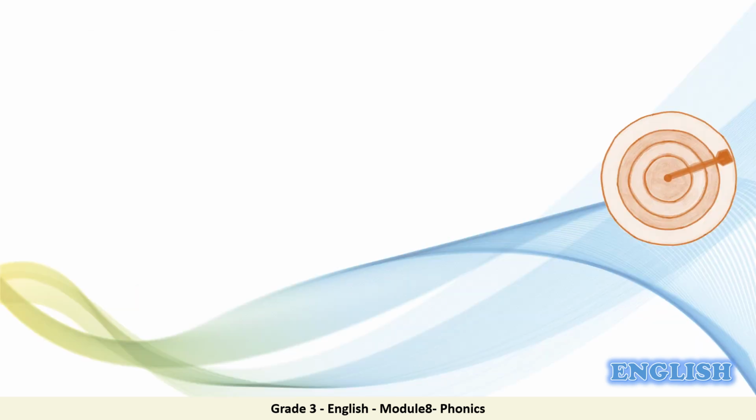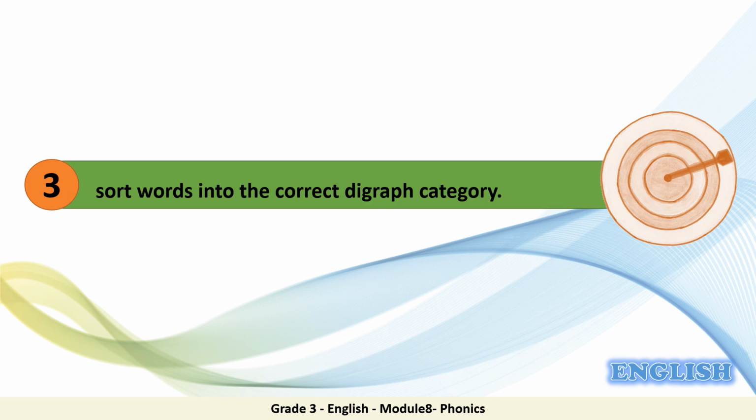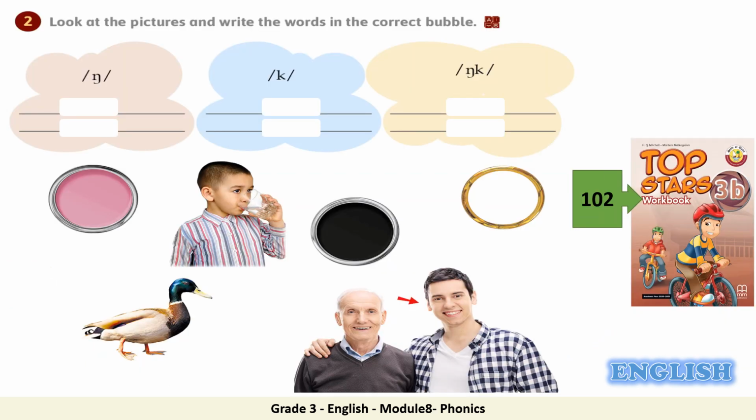Now we can move to the third learning objective. We will sort words into the correct digraph category. So let's go. Keep your workbook open to page 102. Have a look at activity 2, please. Let's read the task together. 2. Look at the pictures and write the words in the correct bubble.